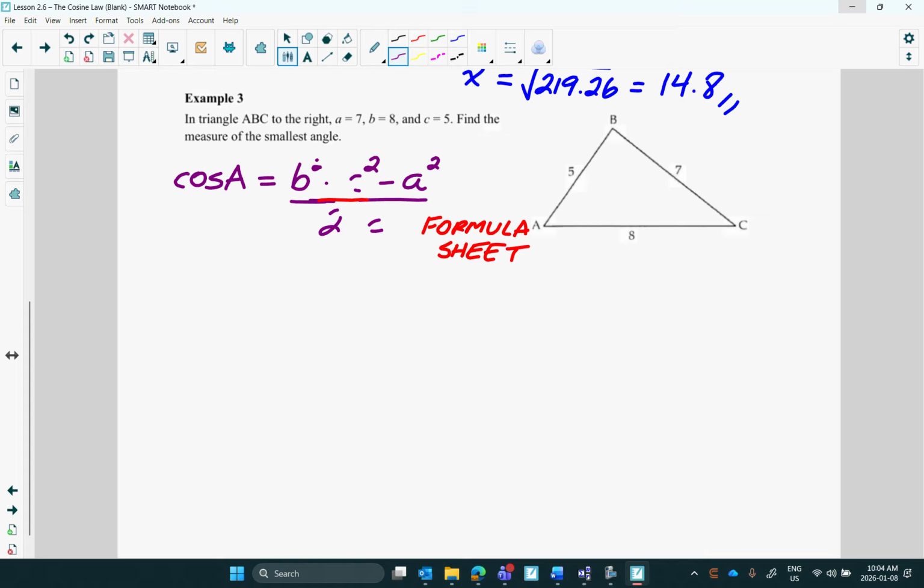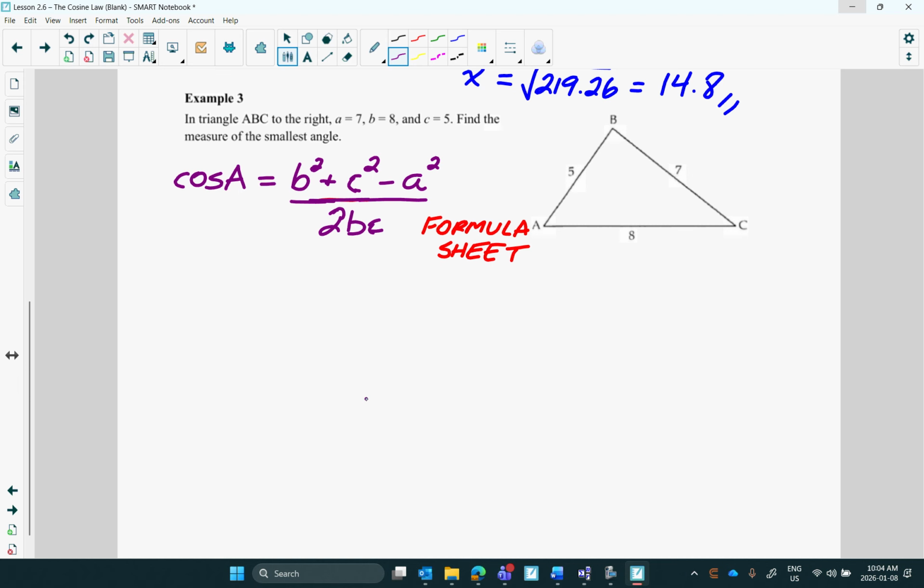Good deal. Okay. So we're asked to find the smallest side. How do you know which one's the smallest side? Which one would be the smallest side, A, B, or C? Why?